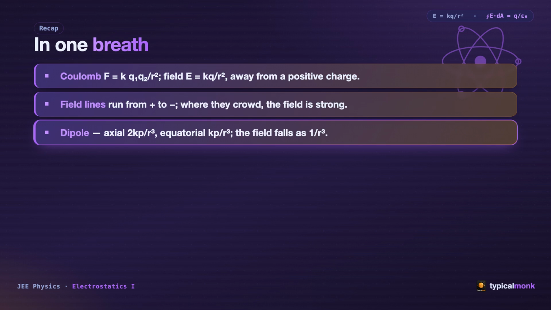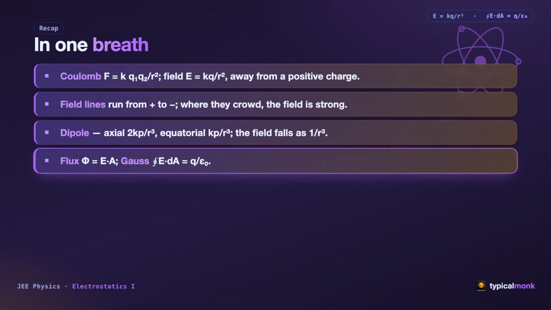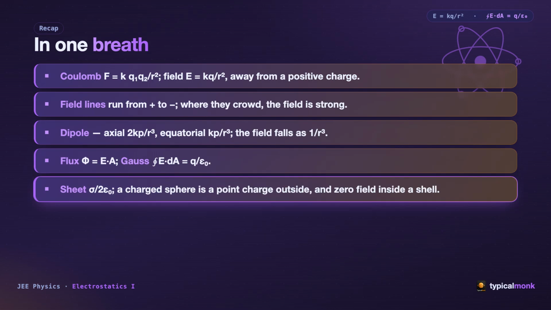The dipole axial 2kp over r cubed, equatorial kp over r cubed, and the field falls off as 1 over r cubed. Flux phi equals E dot A, and Gauss, the closed surface integral of E dot dA equals q over epsilon naught. The sheet, sigma over 2 epsilon naught, and a charged sphere is a point charge outside, with zero field inside a shell.